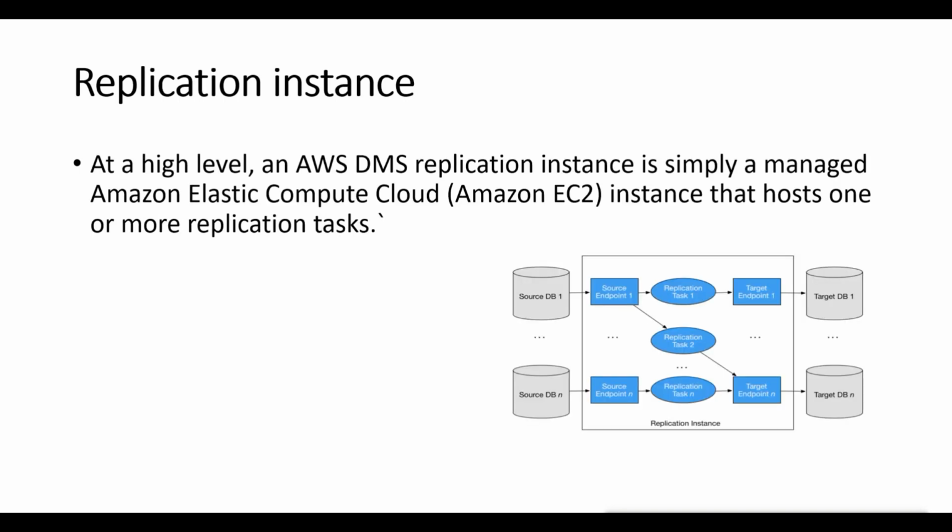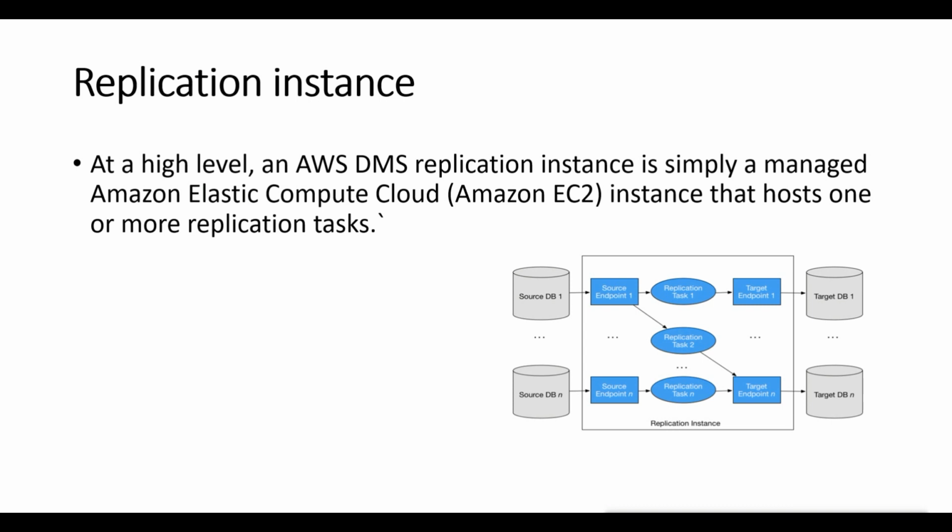So what is a replication instance? At a high level, it is simply a managed Amazon EC2 instance that hosts one or more replication tasks, as I told you earlier. A simple replication instance can host one or more replication tasks depending on the characteristics of your migration and the capacity of the replication server.